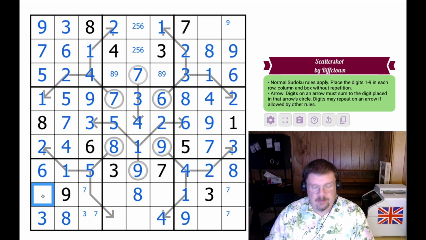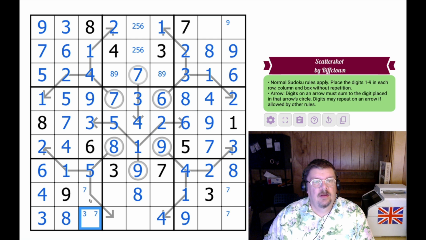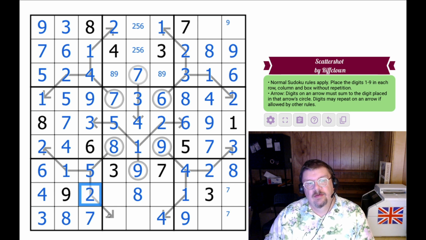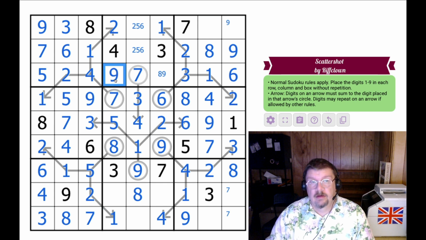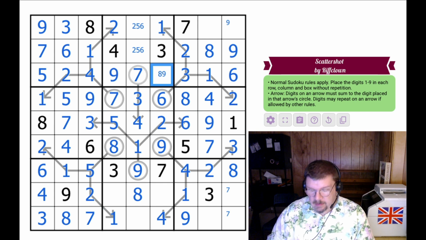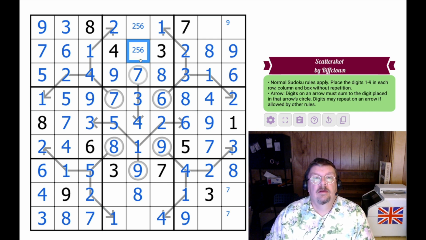Is that 4? Yes. So these are, well, that clearly can't be 7 because that would blow the 8. So that's a 7. That's a 2. 5 plus 2 is 7, so that's a 1. This 8 makes that 9, and 8. 2 and 6 makes that 5.